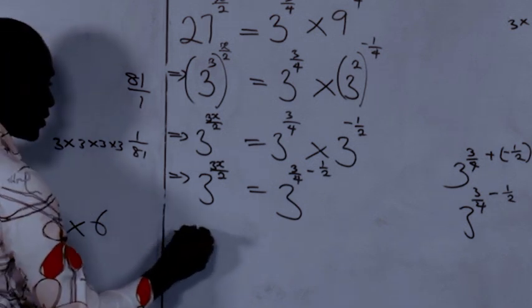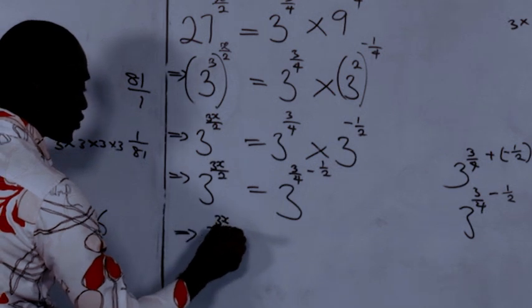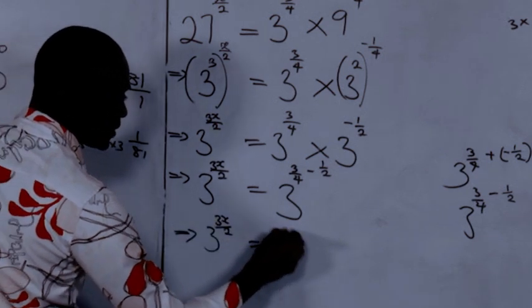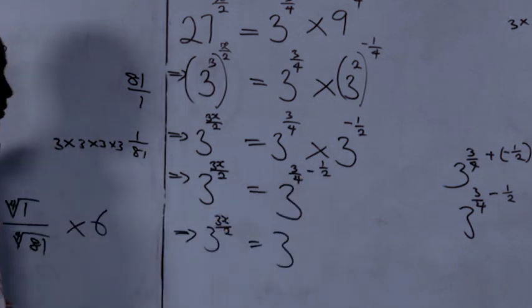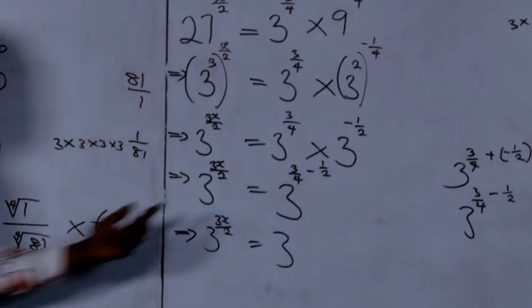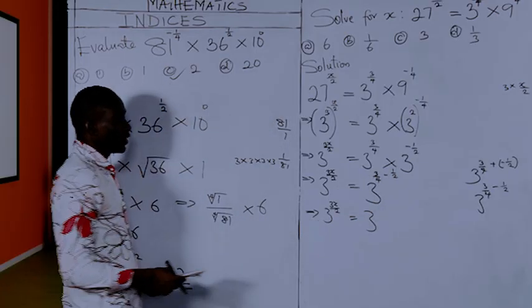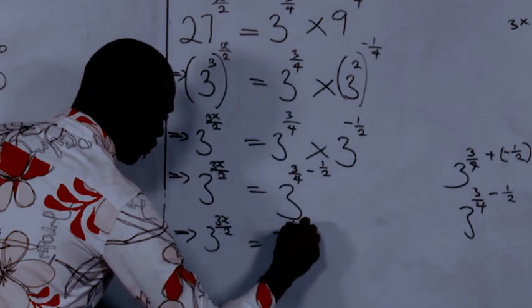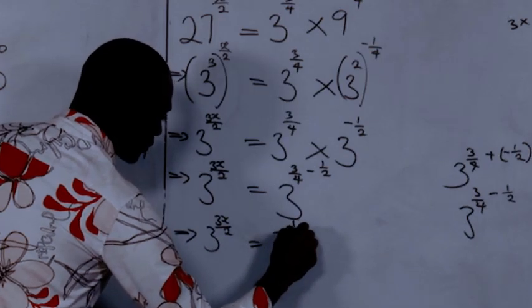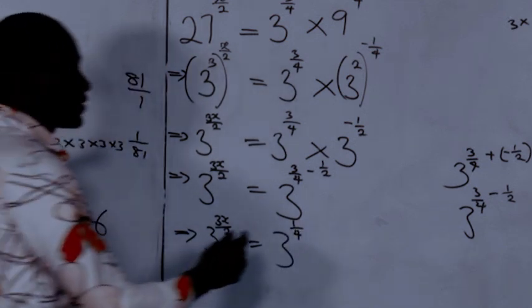So this will give us 3 raised to power 3x over 2 equal to 3 raised to power 3 over 4 minus 1 over 2. If you subtract 1 over 2 from 3 over 4, what is it going to give you? It's going to give you 1 over 4. Let's find it out.